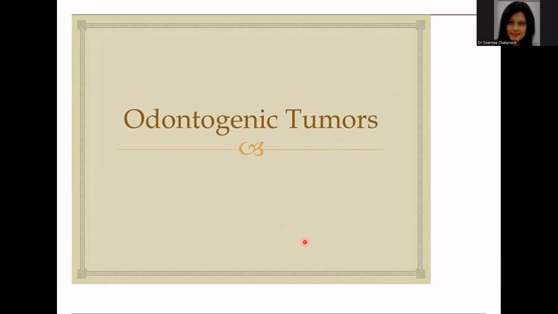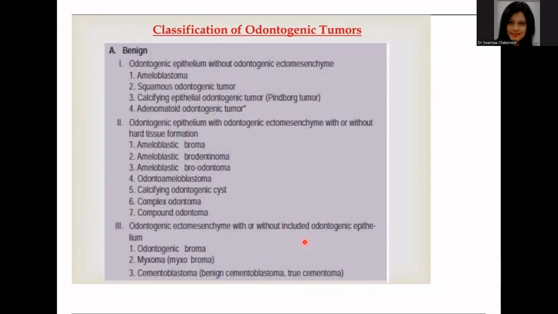So beginning with the odontogenic tumors, they have been classified broadly into benign and malignant. In the benign, based on their origin, they will be originating from odontogenic epithelium without odontogenic ectomesenchyme. The common ones include ameloblastoma, squamous odontogenic tumor, calcifying epithelial odontogenic tumor, and adenomatoid odontogenic tumor.